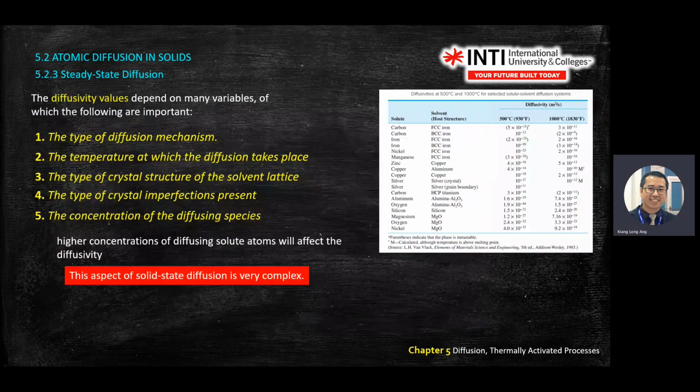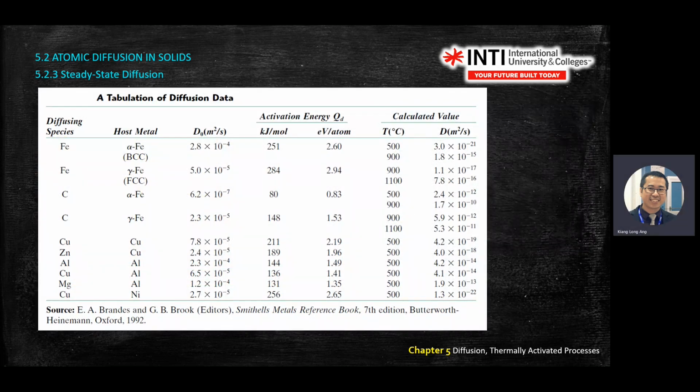So this is another table that might help in your calculation. For example, diffusing species, host metal, or sometimes we will take out these names and put solution and solute, or solvent and solute. We will not put this one because this is too direct, so normally we modify the labeling a little bit. And you have all the information: you have the D0, you have the Q value.